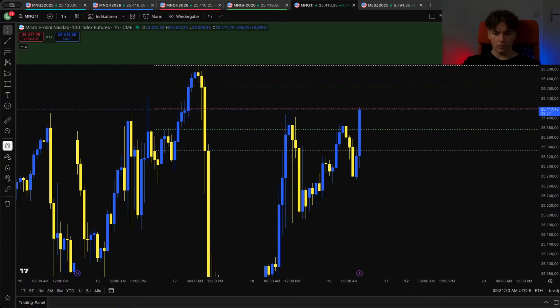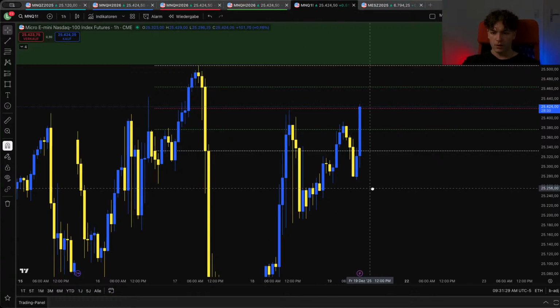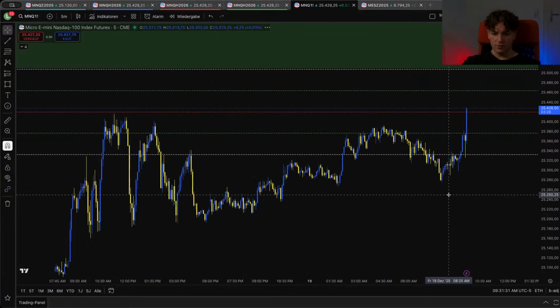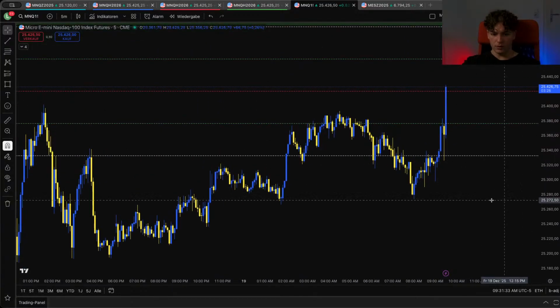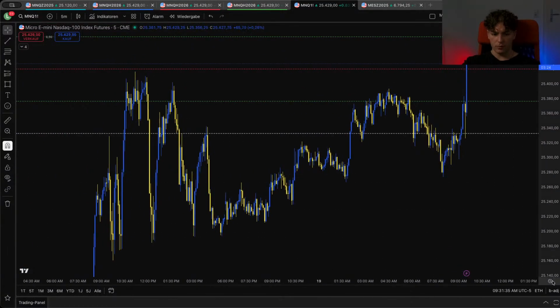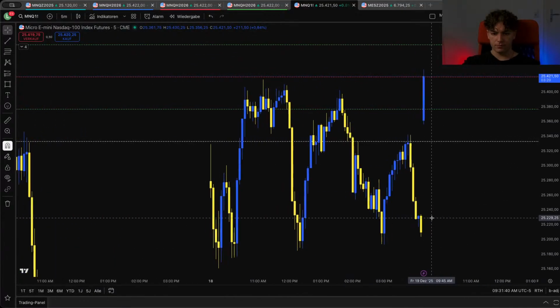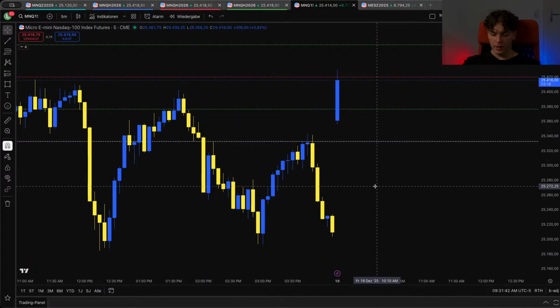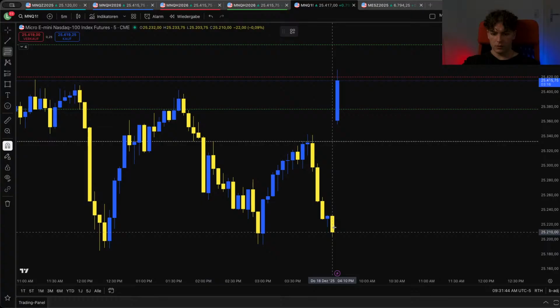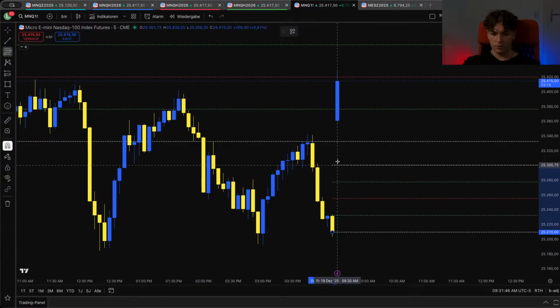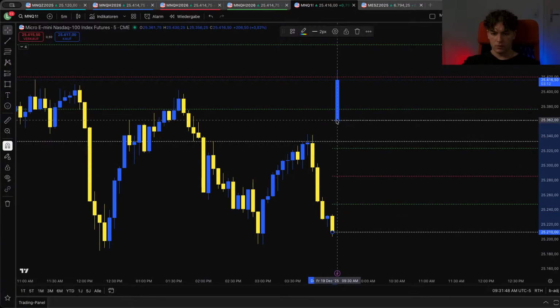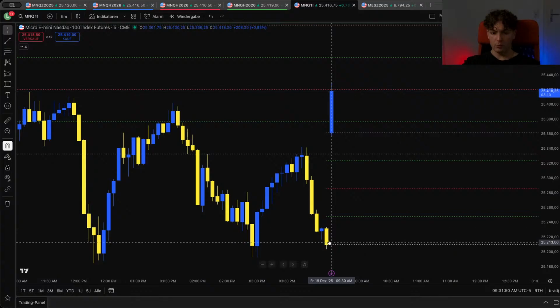Okay, so we had a huge premium opening range gap. That means if we drop down into the 5 minute and switch from electronic trading hours to regular trading hours, we had a huge gap to the upside. So we had a premium opening range gap.